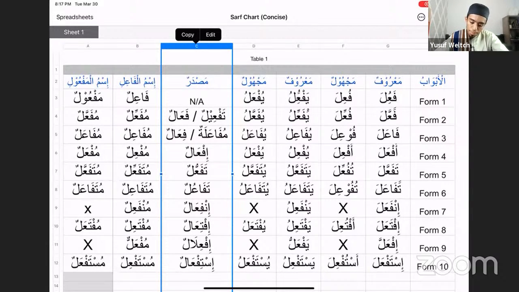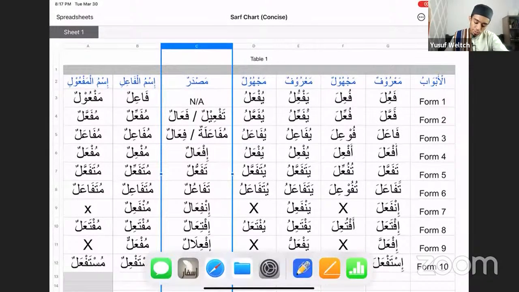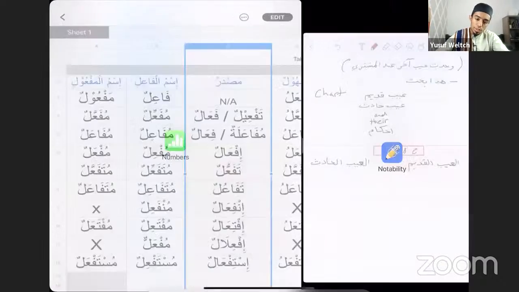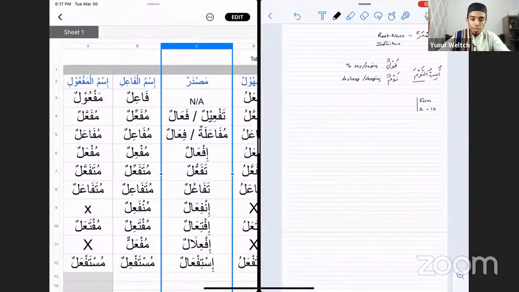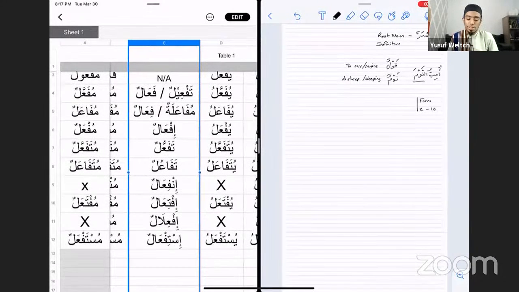So what we did was, for each form, we put the masdar. But as you'll see, the first form doesn't have any masdar. It says non-applicable. Whereas from 2 to 10, every single one has a specific masdar, or at least one.